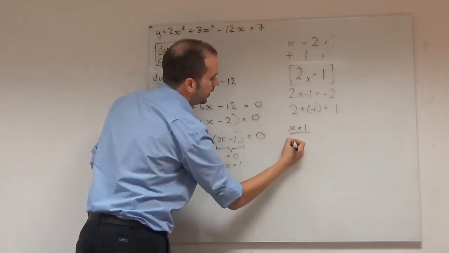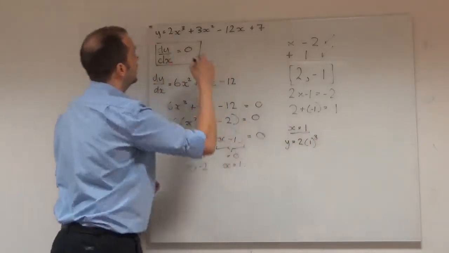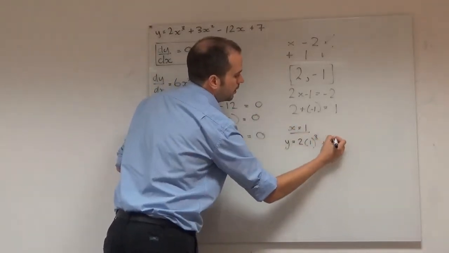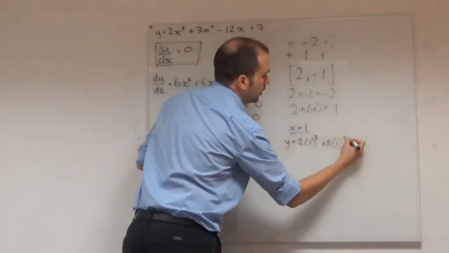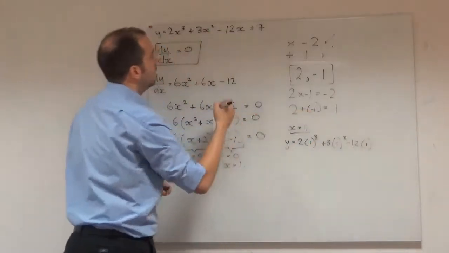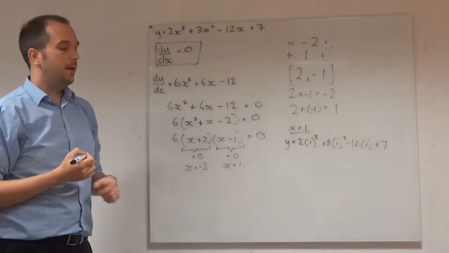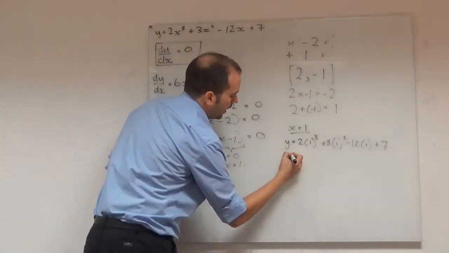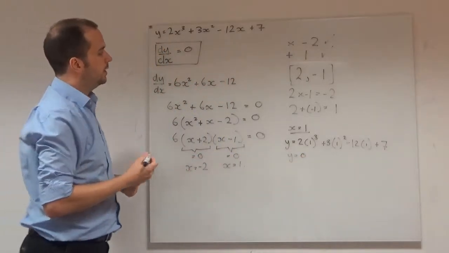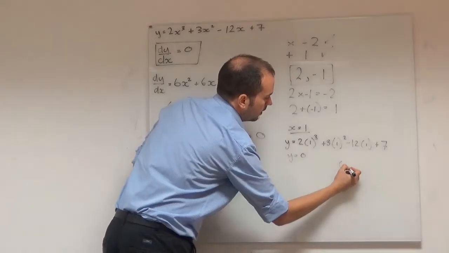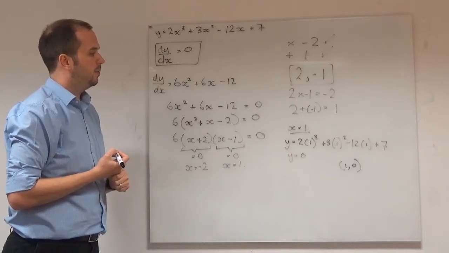So we'll have y is equal to 2 lots of 1 cubed plus 3 lots of 1 squared minus 12 lots of 1, and then a plus 7. And if you work all that out, we'll get that y is equal to 0. So my first stationary point is at 1, 0. That's the coordinate of my first stationary point.